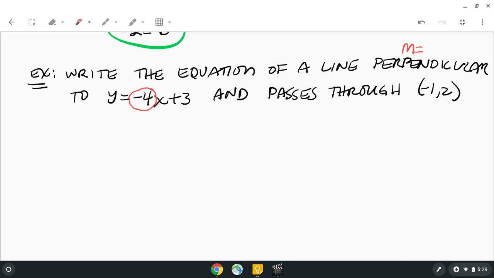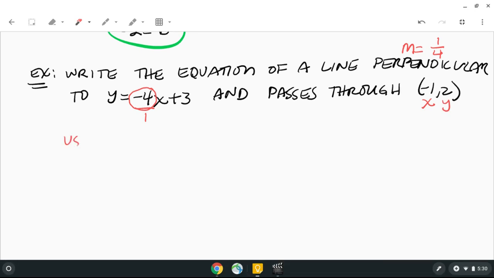So if this is -4, ours will be positive 1/4. Okay, because remember, we have to flip this fraction. I know you don't see a fraction, but if you want to turn that into a fraction, you can put it over 1. Okay, our x value is -1. Our y value is 2.